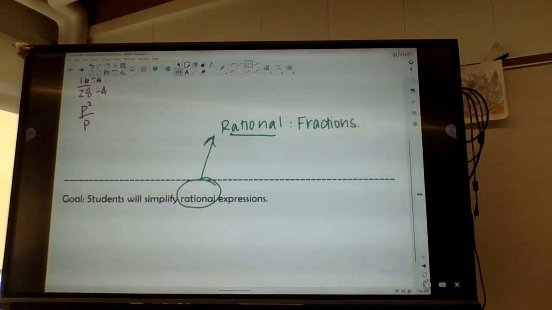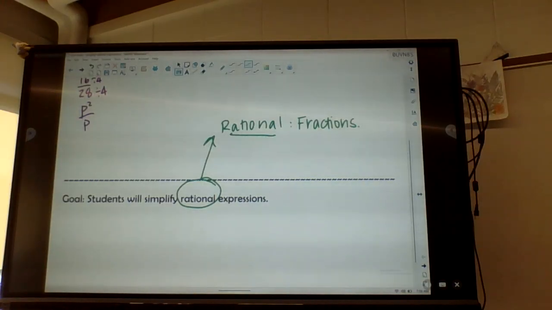And so some of you guys are like, oh no, fractions, that's going to be a bad thing. But hopefully it's going to help you be a little more comfortable with fractions and working with them. If we take it step by step, I think it's doable for everybody. Anytime you see the word rational, they're talking about fractions.